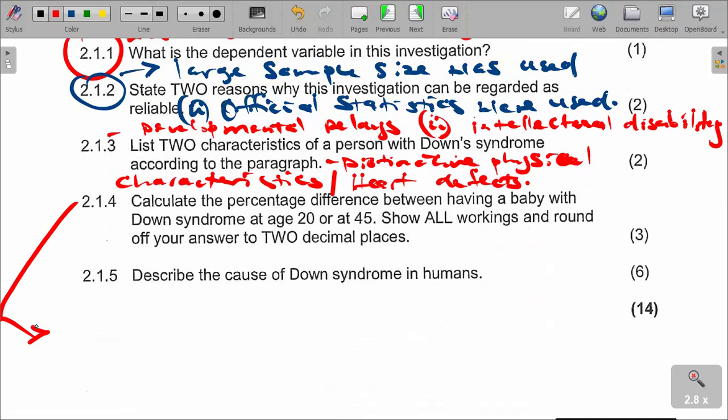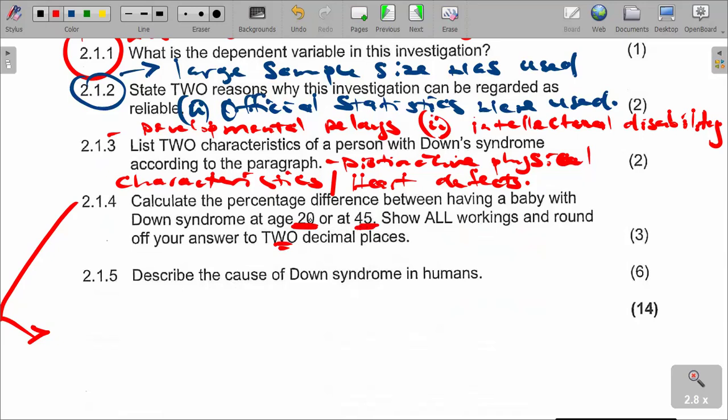And then calculate the percentage difference between having a baby with Down syndrome at the age of 20 or at the age of 45. Show your workings and round off your answer to 2 decimal places. Calculate the percentage difference.